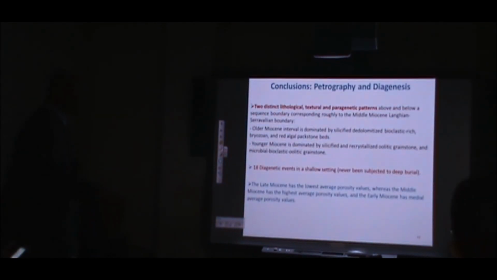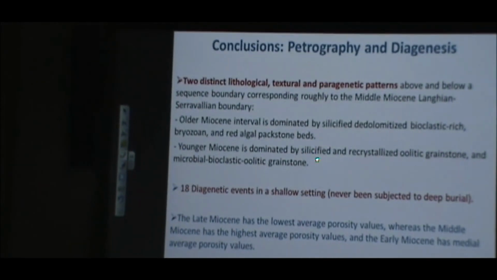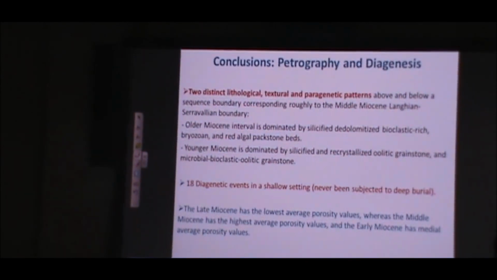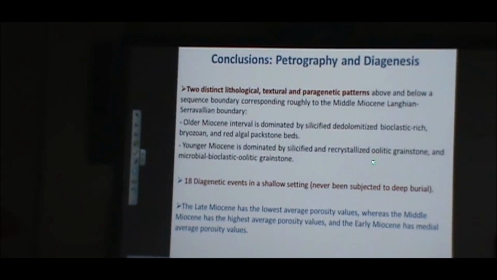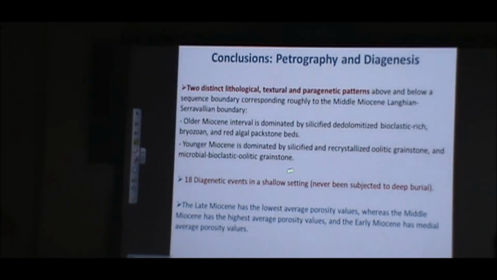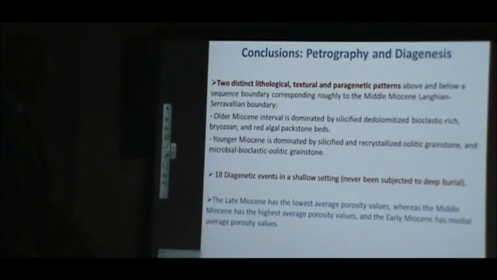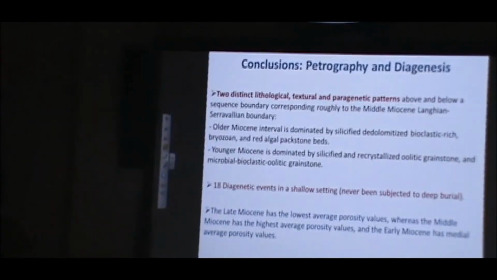The lower part is dolomitized, plastic-rich and red algae-rich species, and the upper one is recrystallized lithic grainstone and microbial species, and both of them have silica. And the other thing we found is 18 diagenetic events in the shallowing-upward sequence, or shallowing setting, and this setting has never been studied.